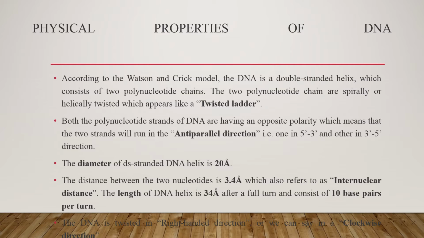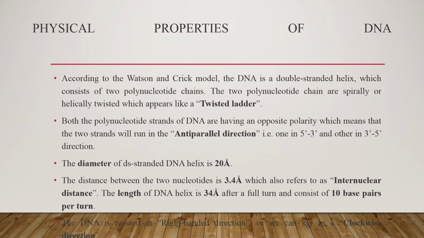The physical properties of DNA. According to Watson and Crick, DNA is a double helix structure which consists of two polynucleotide chains. These two chains are spirally and helically twisted with each other, just like a twisted ladder. Both polynucleotide strands have opposite polarity, which means the two strands run in the antiparallel direction, that is, one in the 5' to 3' and the other in the 3' to 5'.